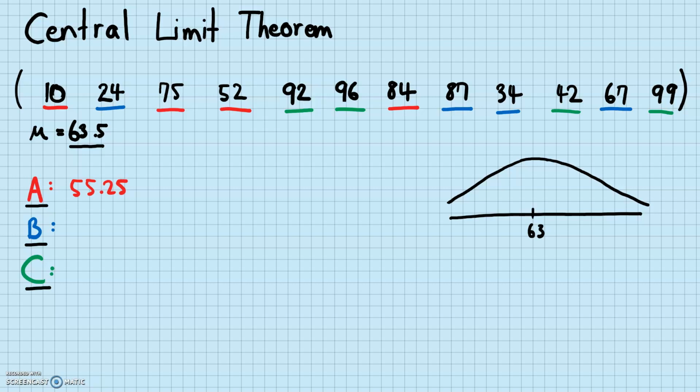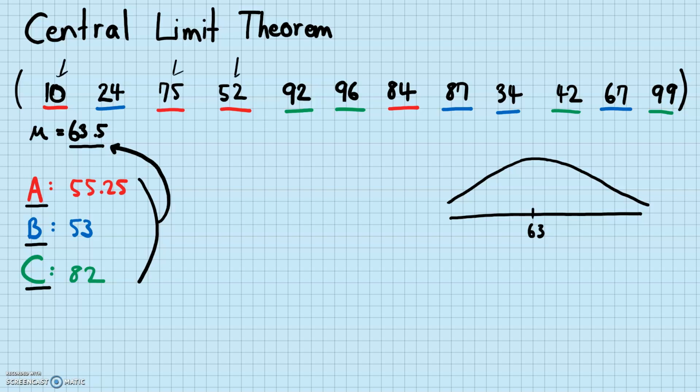And for B, the average is going to be 53. For student C, the average is going to be 82. So these are the mean scores, the average scores. And if you look at them, they are much closer to the mean than each of the individual scores are.